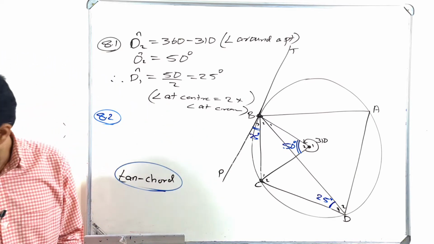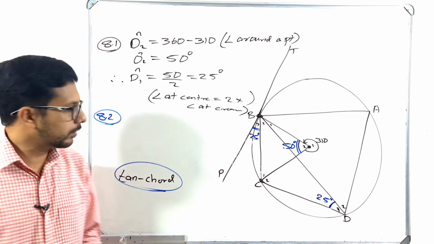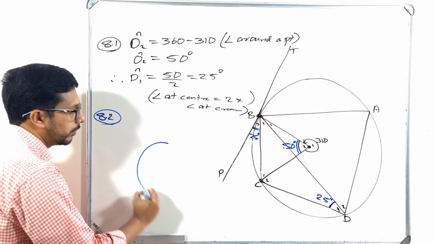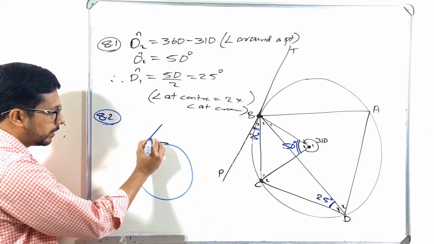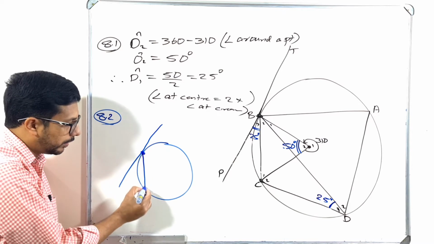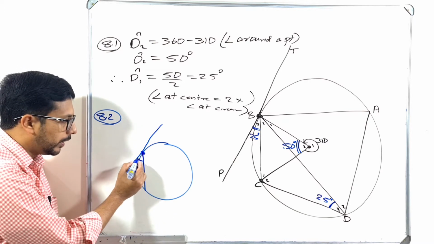So here, before I write the answer, look at it once more. Let me draw that one here. Assume that this is a tangent, and this one is a chord. So this is our B3.